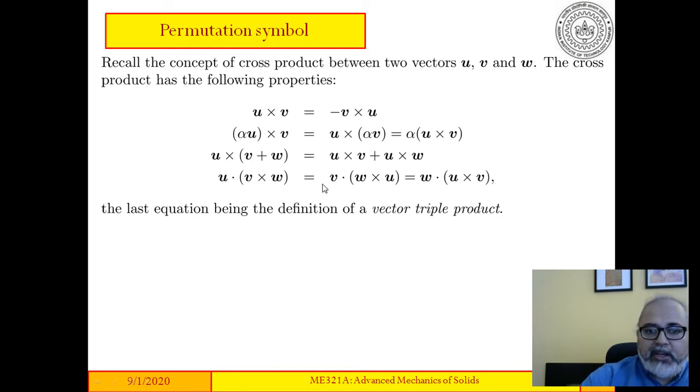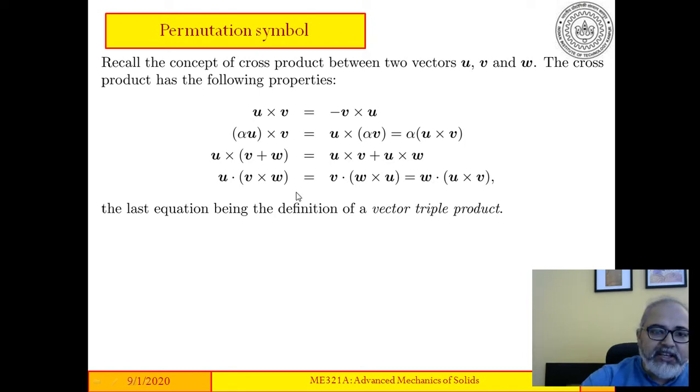You can change the order of these three vectors u, v, and w in a particular fashion. So you bring the v out, you take the u to the end. This gives you v dot w cross u, and then you bring the w out, you take the v to the end, and this gives you w dot u cross v.